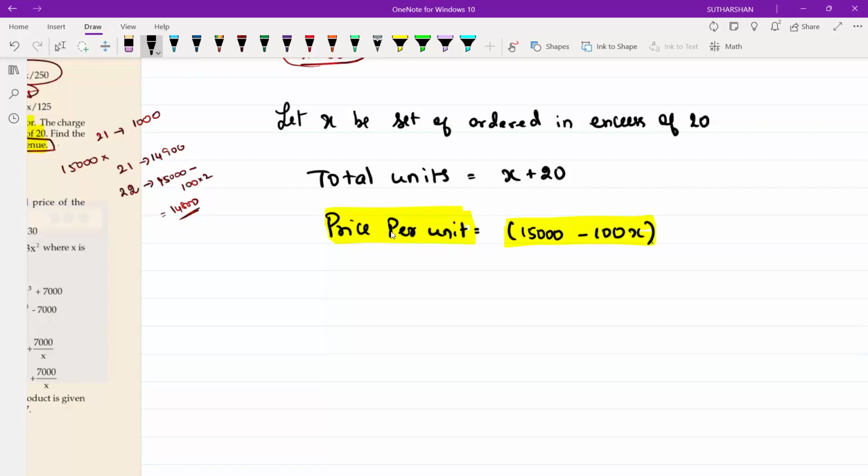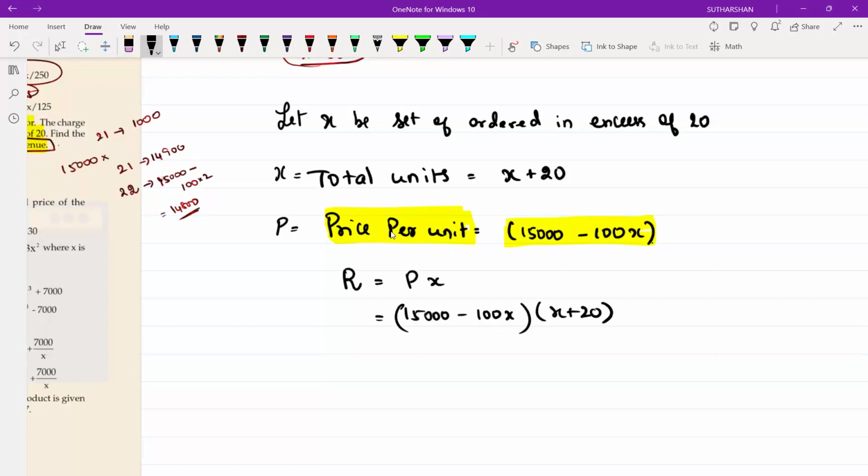Then from this you need to find out R. R is nothing but P into the total units, which is x plus 20. So R equals (15,000 minus 100x) into (x plus 20).